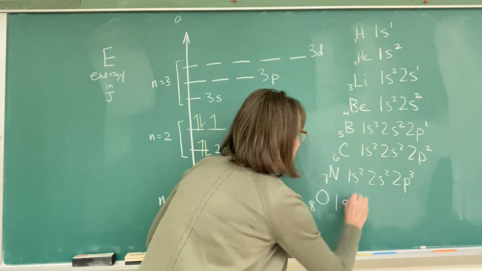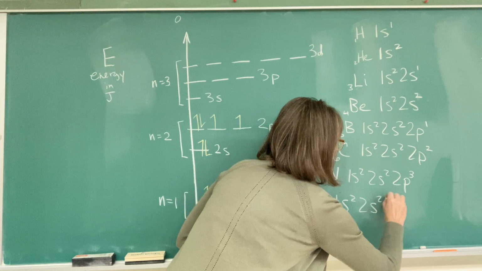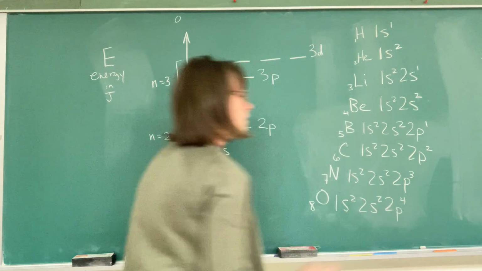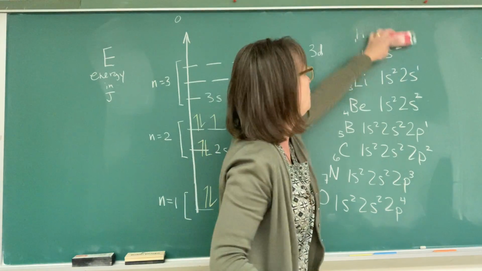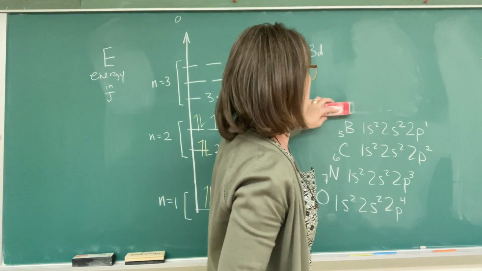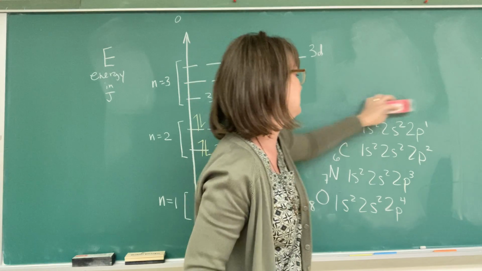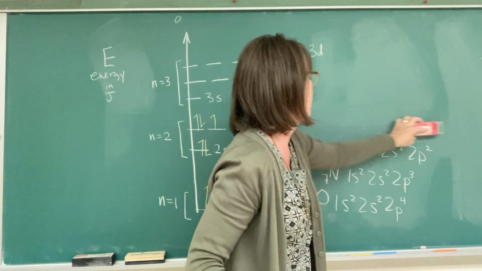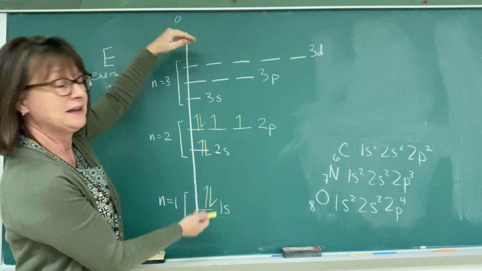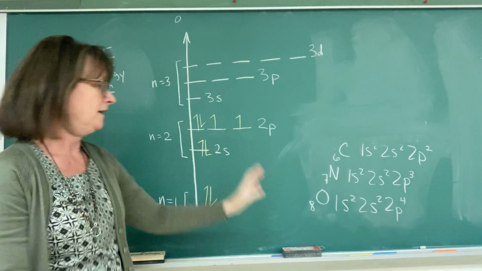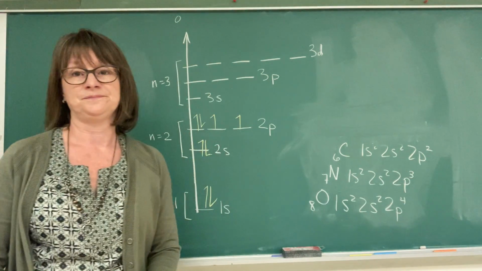So we write 1s2, 2s2, 2p4. So these horizontal things that I'm writing here, these are called electron configuration. It's like a listing of what we're seeing here in the vertical energy level diagram. Energy level diagram, electron configuration.